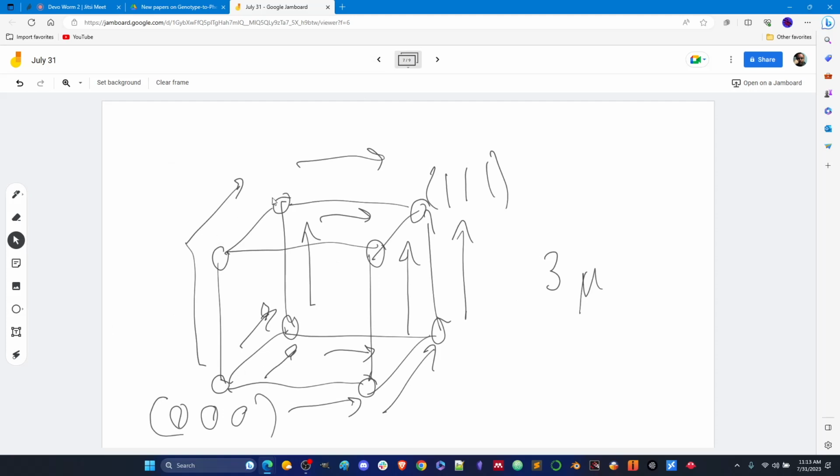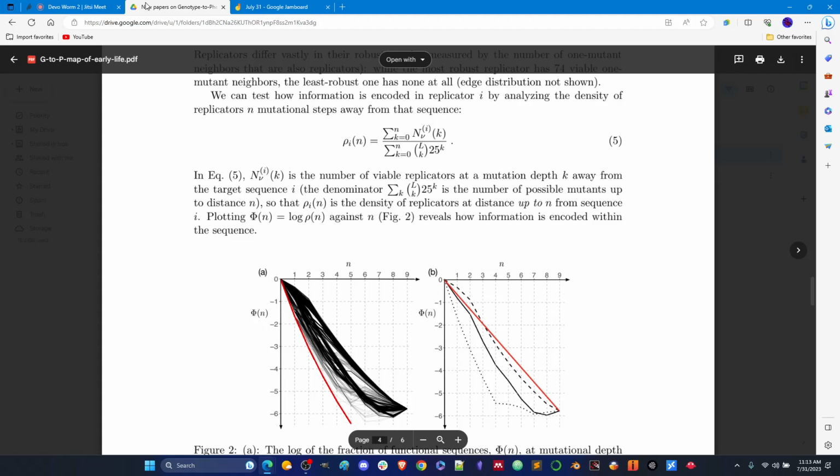You're basically trying to figure out what's so many steps away from the target, or from an initial sequence. So you're kind of building this network where you have a starting initial state and then an end state.